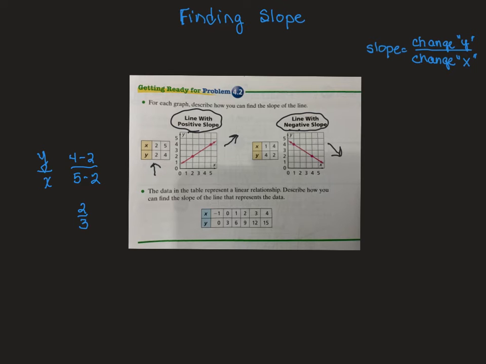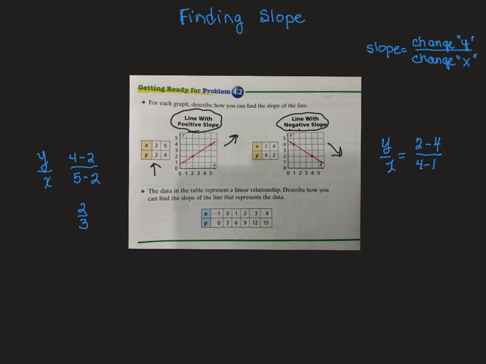In the line with the negative slope, I have y over x, and I'm doing 2 minus 4, right, because I went to 2. And then what does it take to go from 4 to 1?